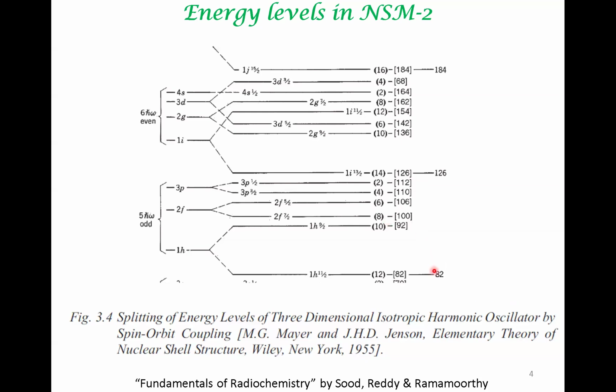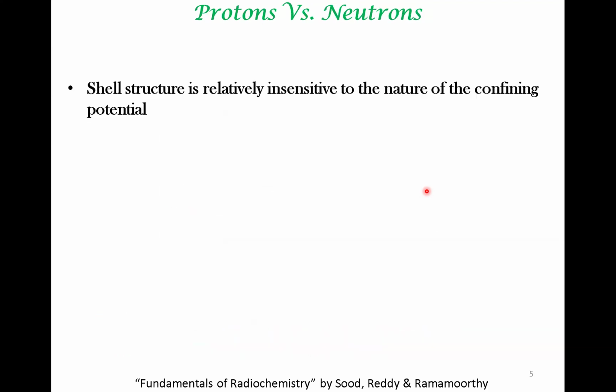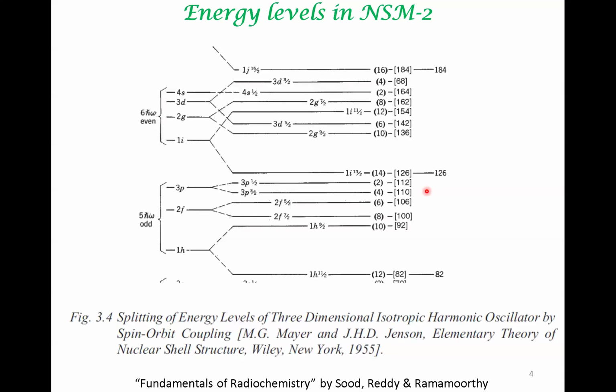So the important consequence is that we are able to get the magic numbers, which was the main deficiency of the liquid drop model. This is a great success of the nuclear shell model. This nuclear shell model is applicable both to protons and neutrons.